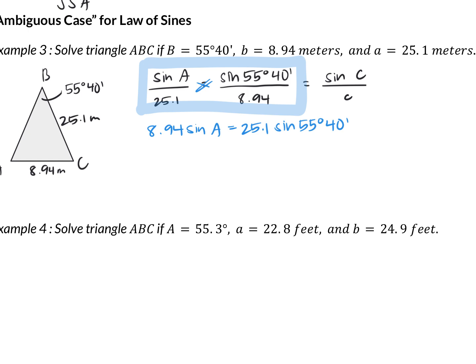So how would I get sine of A by itself? Divide by 8.94. And now I have sine of A. How do I get the sine to go away? The sine inverse, right? So A is equal to the sine inverse of this entire fraction.